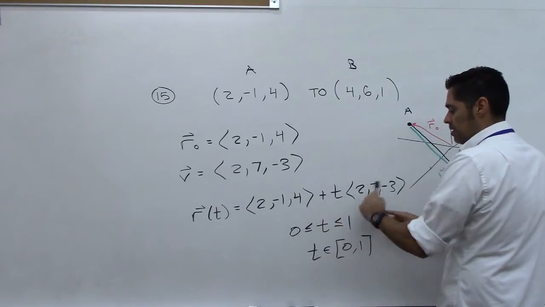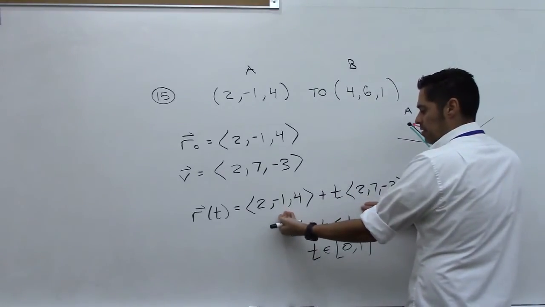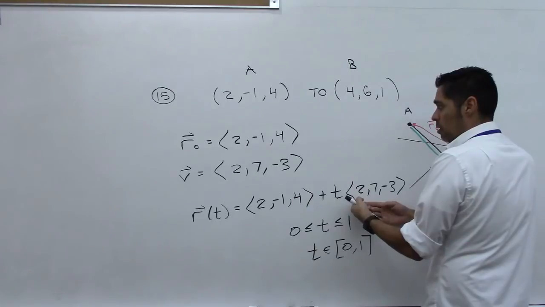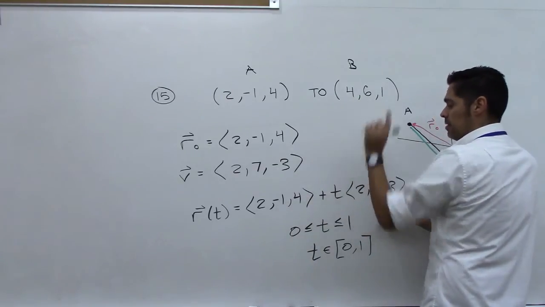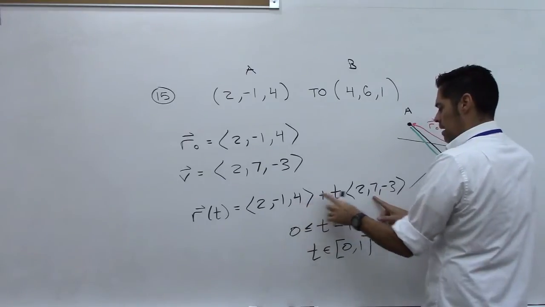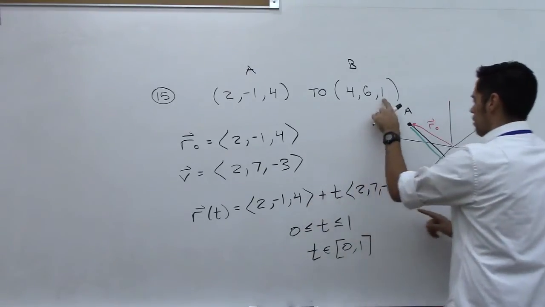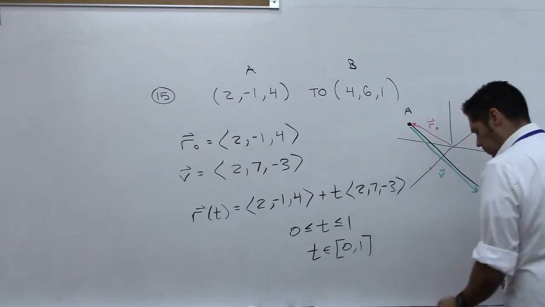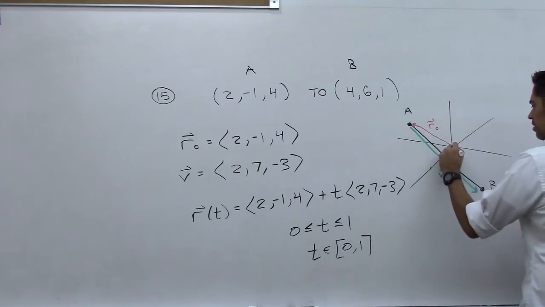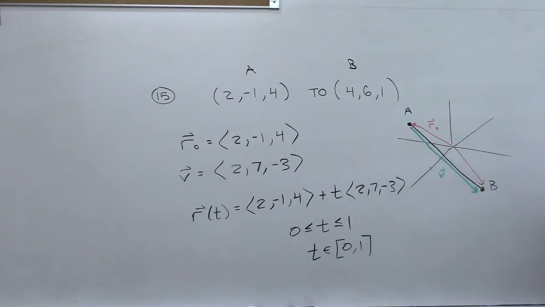This will be 1 times this, which is just this vector. You add these two together. 2 plus 2 is 4, and that would give you this. -1 plus 7 is 6, that would give you this. And 4 take away 3 would be 1, and you'd be here. So at t equal to 1, you're actually from the origin to this point.